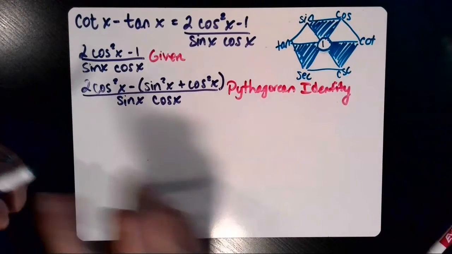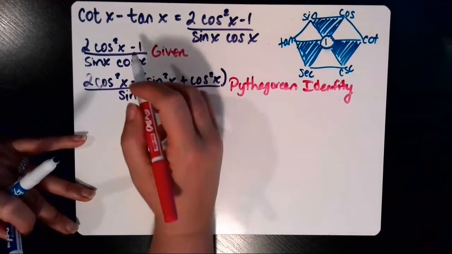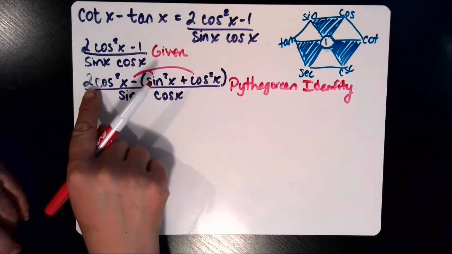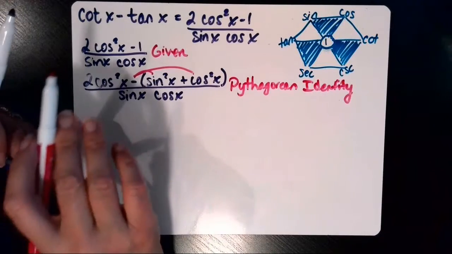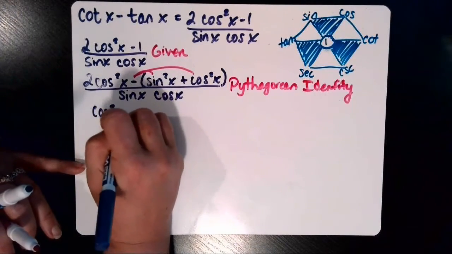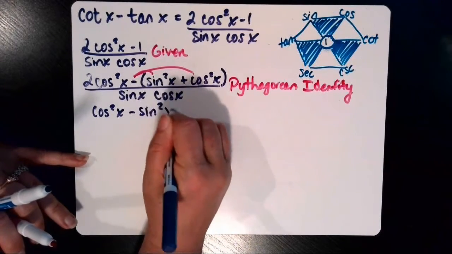Okay. So next I'm going to go ahead and distribute to get rid of those parentheses and simplify. So I'll have 2 cosine squared x and then minus cosine squared x. That's going to leave 1 cosine squared x in the numerator. And then a minus sine squared x.